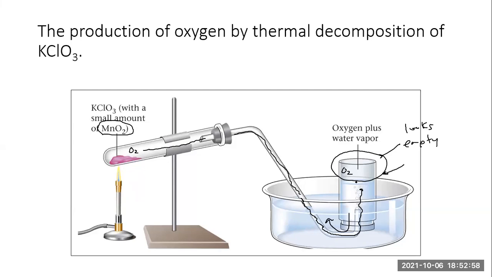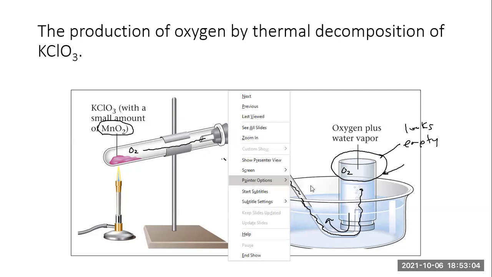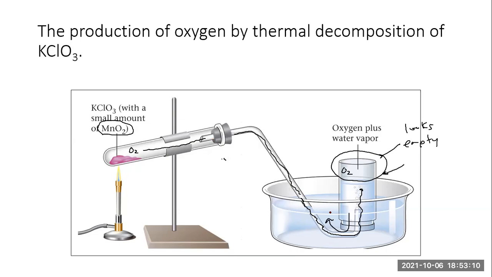But the problem with this is the way that we're collecting this gas is with a lot of water present. And just as a result of the heat of the reaction, when you heat up water, in addition to the oxygen that you're collecting, you get a little bit of water that comes up in here as well.